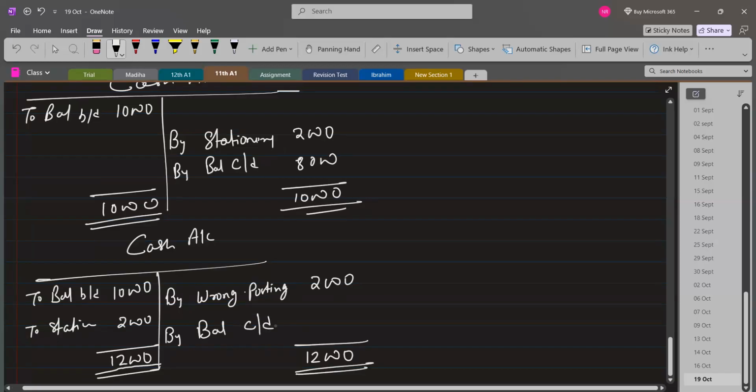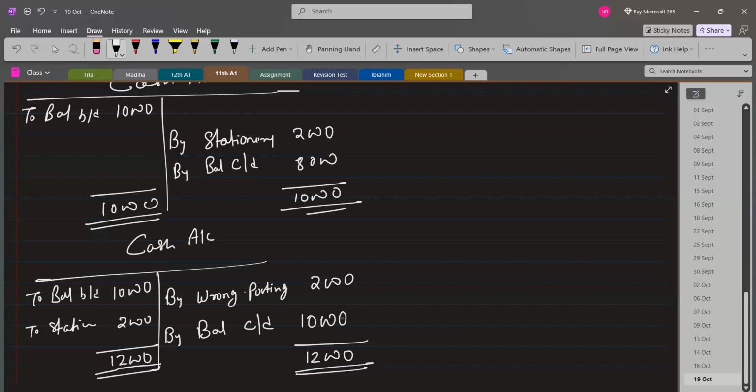Do you think this is correct? Abdullah, do you think this is correct? The rectification I have done here, do you think it is correct? Yes, sir.